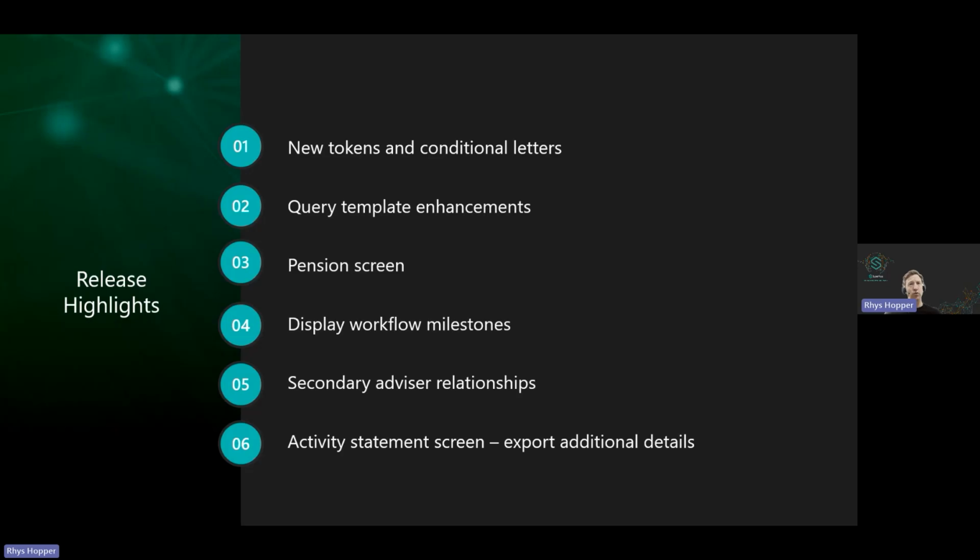So for the people who use SuperMate's workflows, we can change where the milestones appear on Client View and on admin site overview. We've brought in the secondary advisor relationships from Classic into Web, and we have additional details that you can export from the activities taken screen just to help out gathering information.